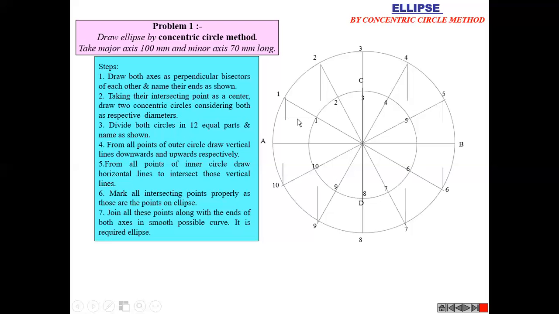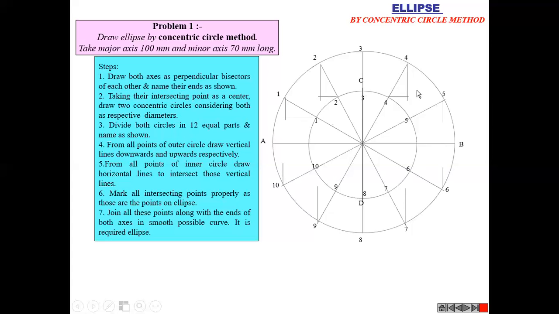From point first, draw here, it intersects here. This is my first point. Then for the second, I have to draw, and this line is exactly a horizontal line, parallel to this one. So I got the second point. This intersection point of the vertical and horizontal line is my required point.